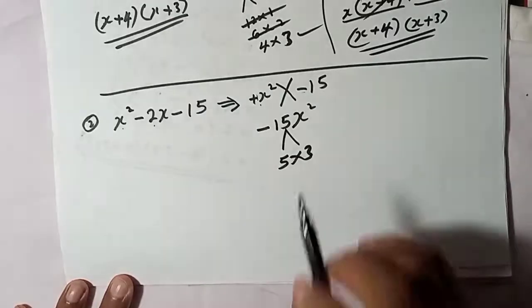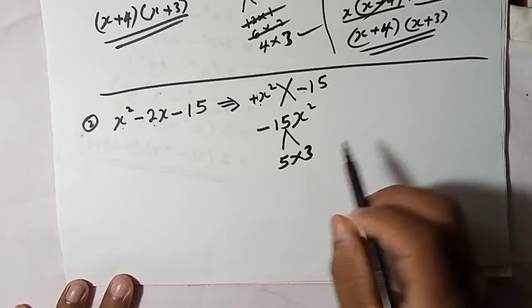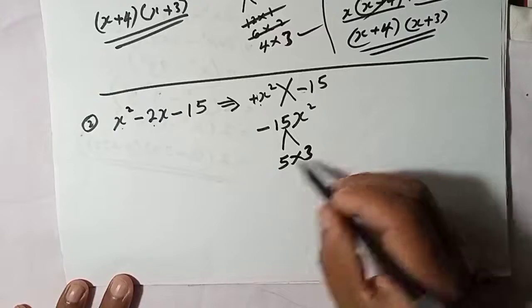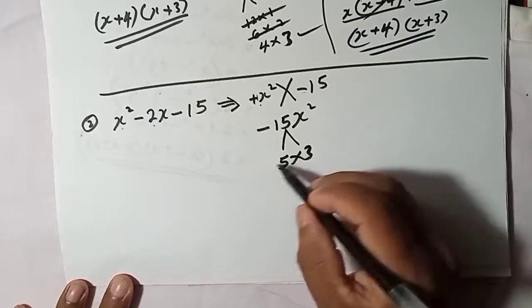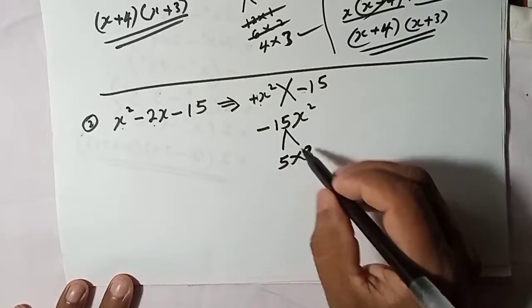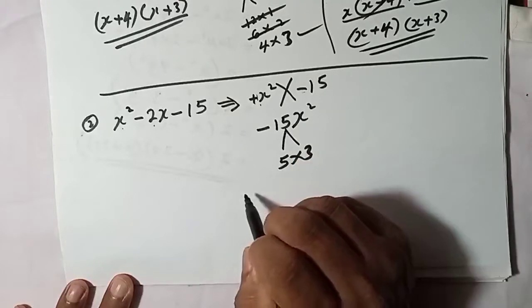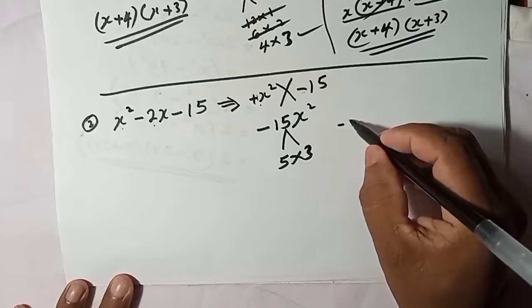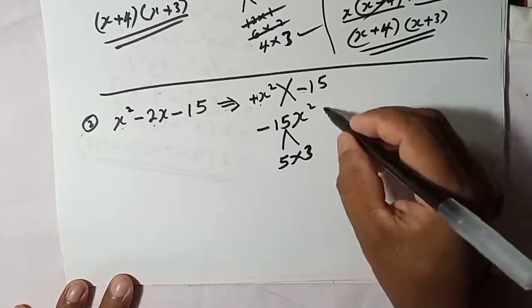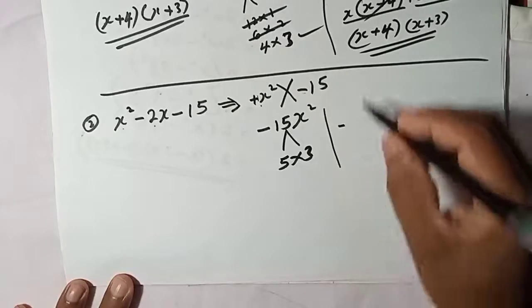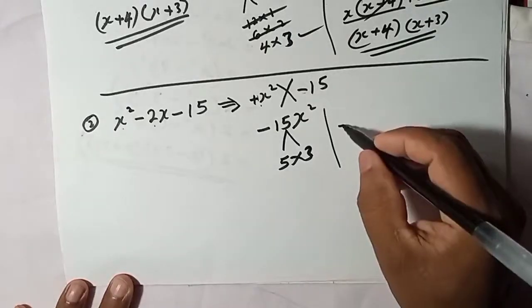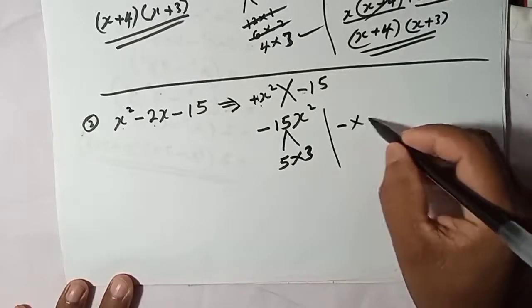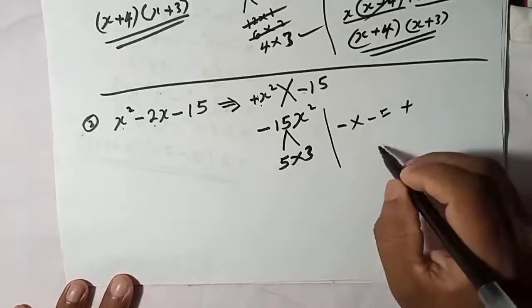Then after, here is the most important part: you have to consider the sign of this. Now when you multiply these two, you need to get minus 15. This is very important: when you multiply signs, normally if you multiply minus with minus, your answer is plus, right?